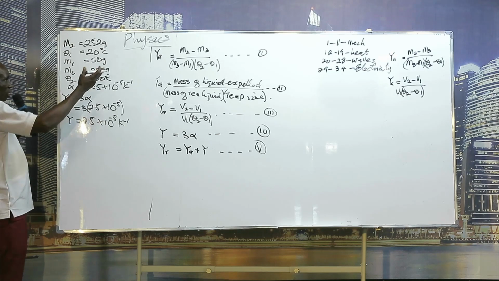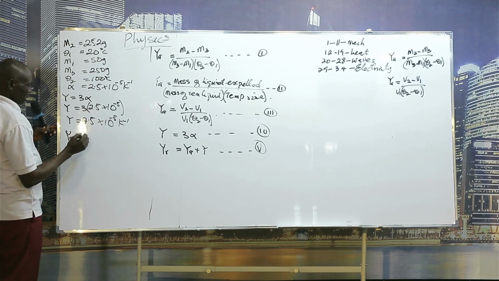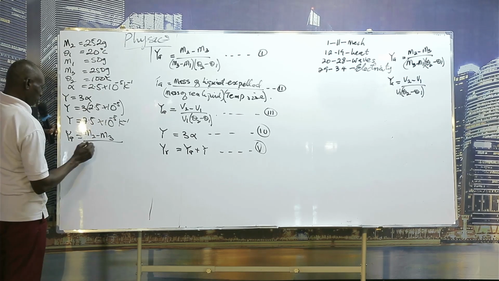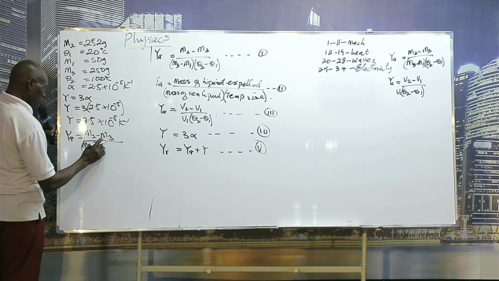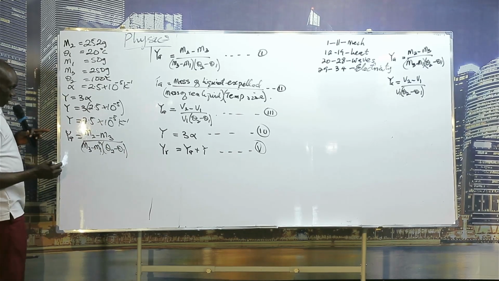Then we now come back to the liquid itself by saying YA equals M2 minus M3 over M3 minus M1, into M1, into theta 2 minus theta 1. I will check it.